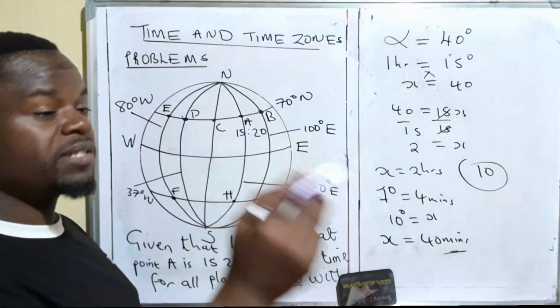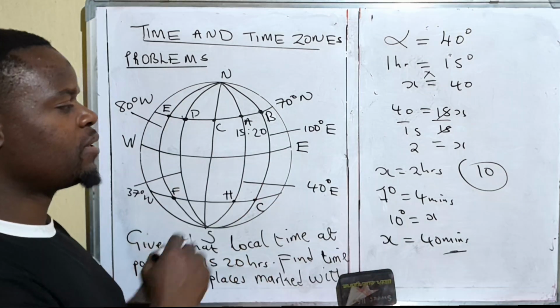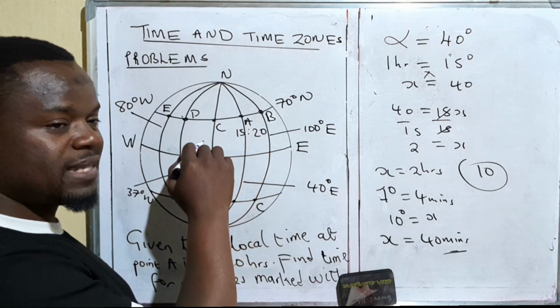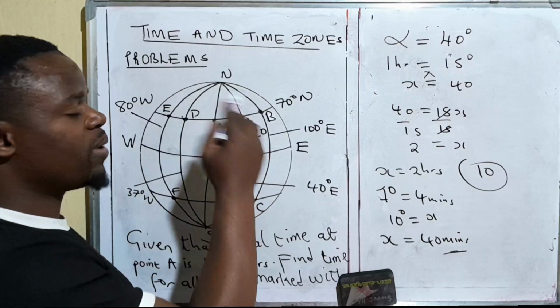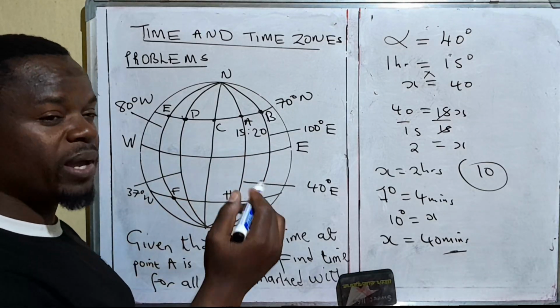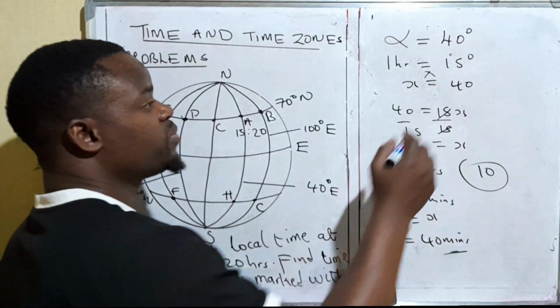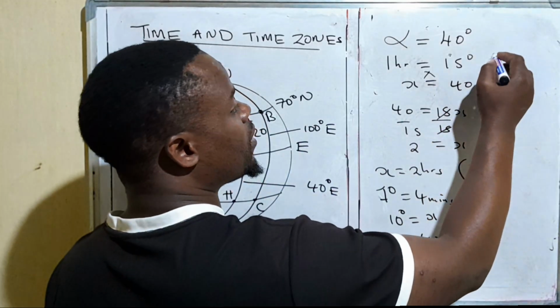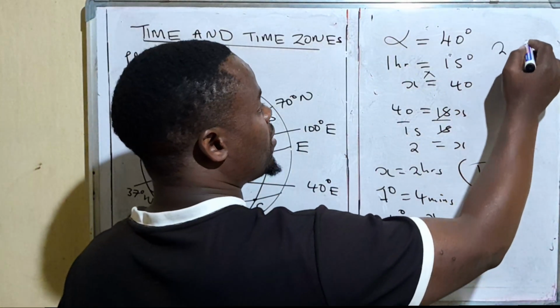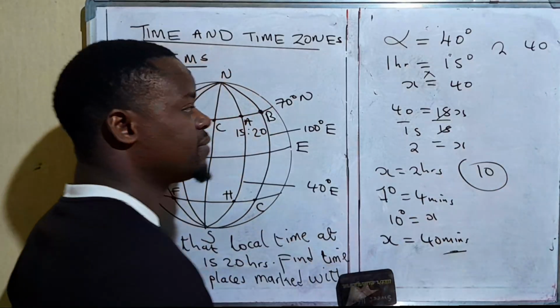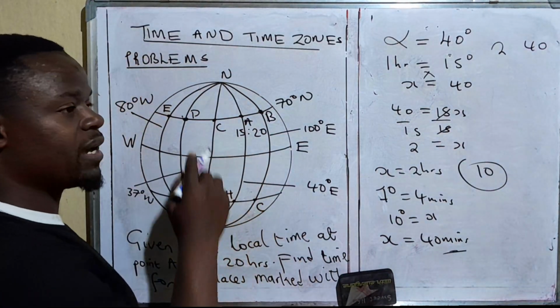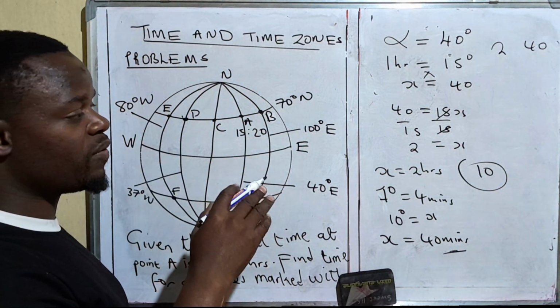Okay. So now let's determine the time at C. Since these people at C are to the west of A, we know we are going to subtract this time. From here to there, the time difference is 2 hours, 40 minutes.